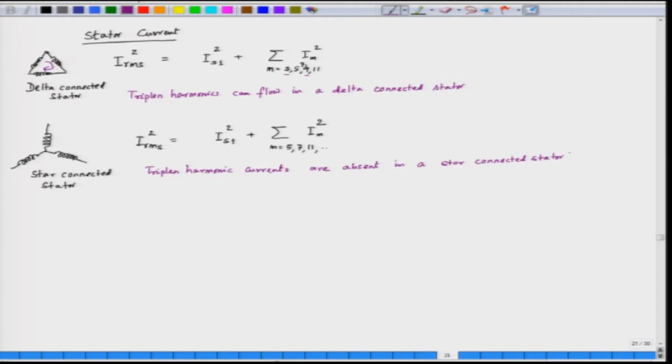So, we have to draw the harmonic equivalent circuit for each harmonic and find out the corresponding harmonic components, take the square and then the square root, and we get the total current. This current is definitely higher than the fundamental component, that is why these currents will increase the losses of the motor.